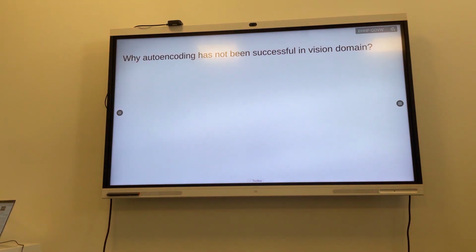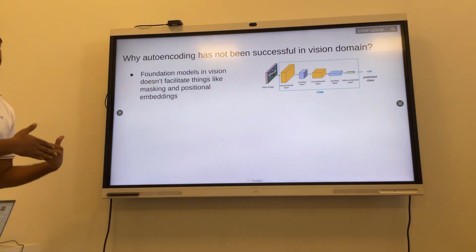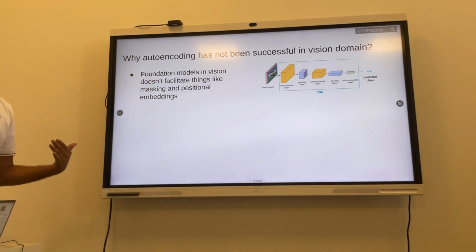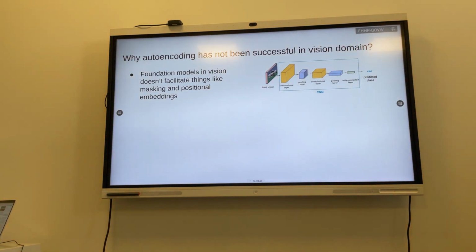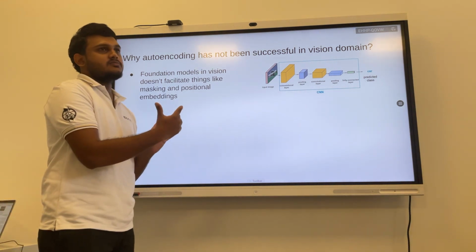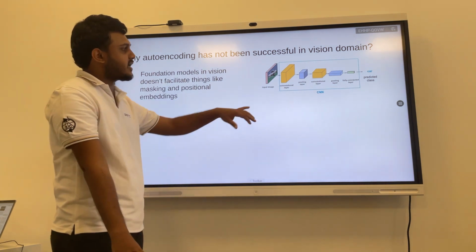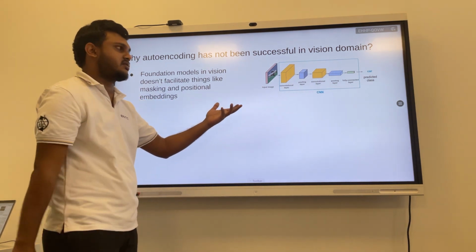The first difference is the kind of foundation models. If we go back to 2021, 2022, the foundation model for vision was CNNs, right? Now we know that ViTs have come, but with CNNs, what we saw in BERT, like adding positional embeddings and masking, cannot be done in CNNs. It doesn't facilitate those.